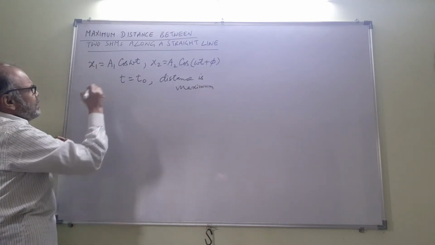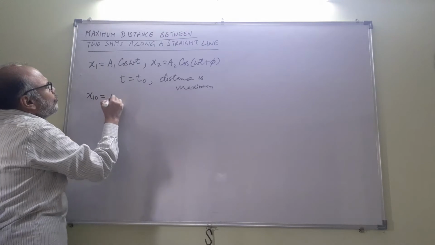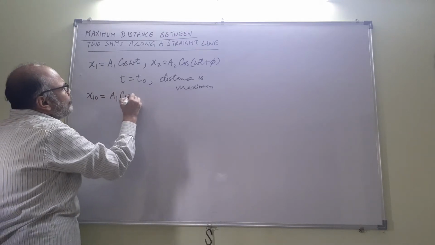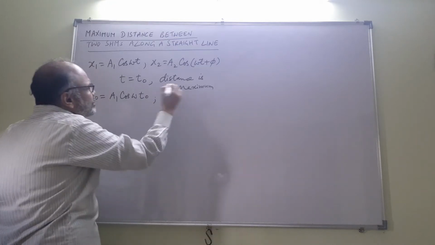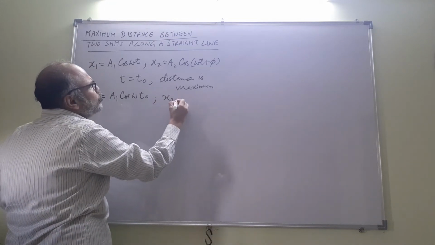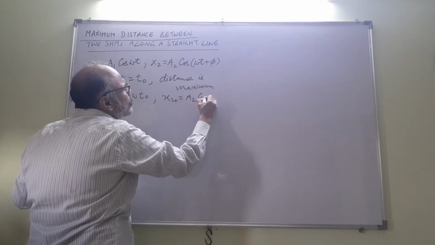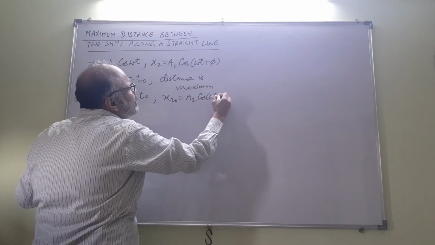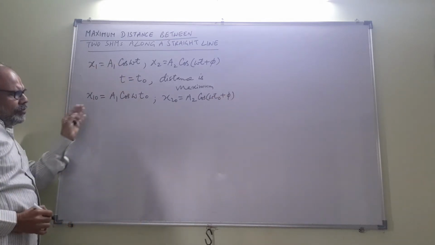So I can say the position of the first particle x1 naught would be a1 cos of omega t naught, and the position of the second particle would be x2 naught is equal to a2 cos of omega t naught plus phi. Yes, we can say this.